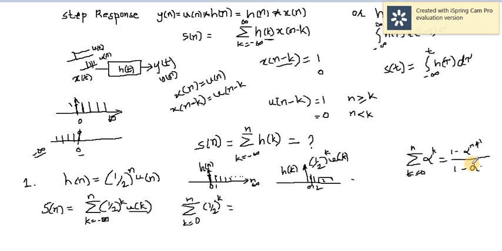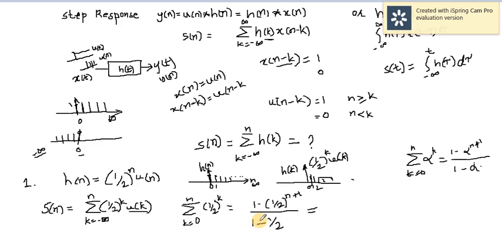So by using that, it is given by 1 minus 1 by 2 raised to n plus 1, divided by 1 minus 1 by 2. We can simplify this one and write up the answer.